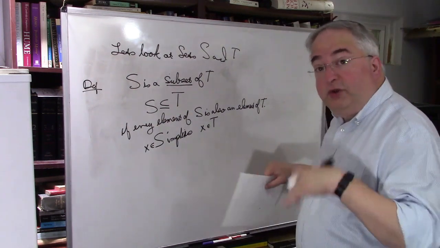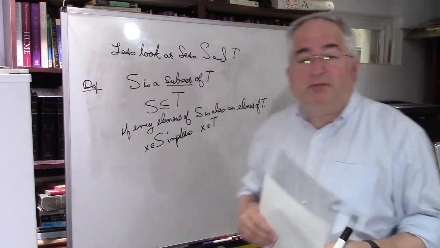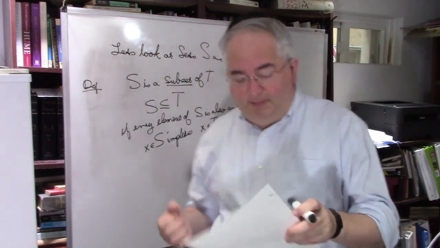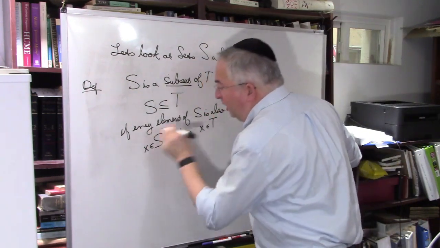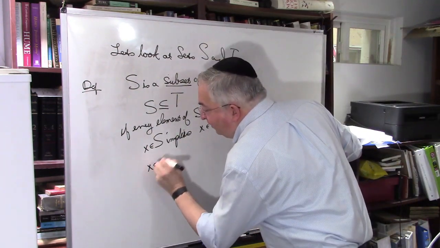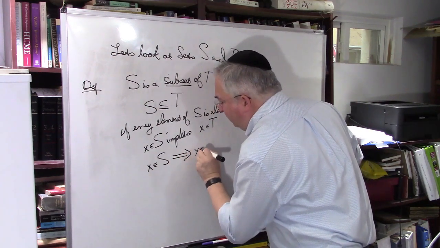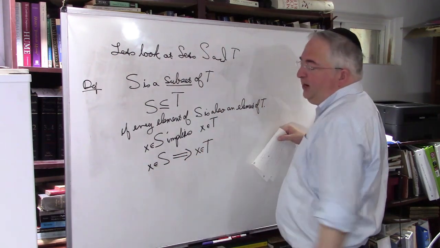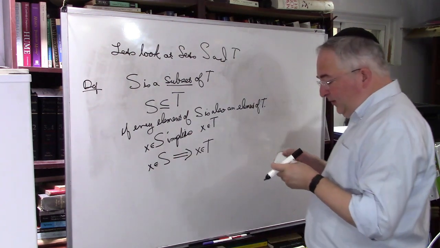Again, our goal is always to symbolize things, make things into symbols. Symbols are clearer, they make things better and easier. So you would write the same line as: if X is a member of S, then X is a member of T. So we've totally eliminated any English here. X is a member of S implies X is a member of T. Okay?